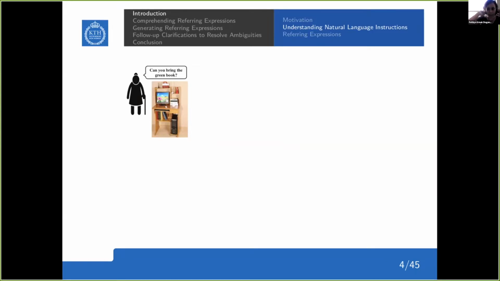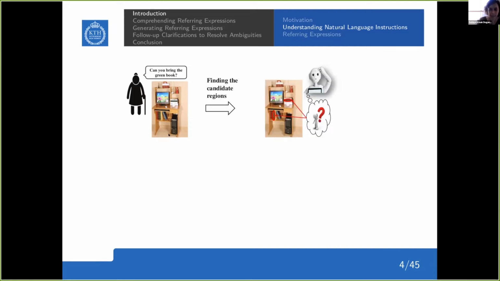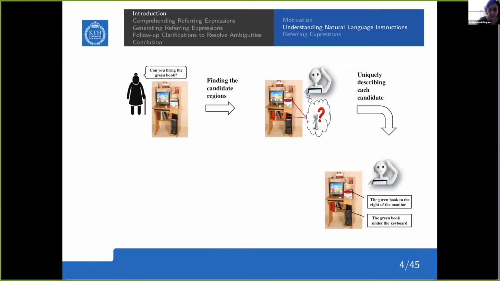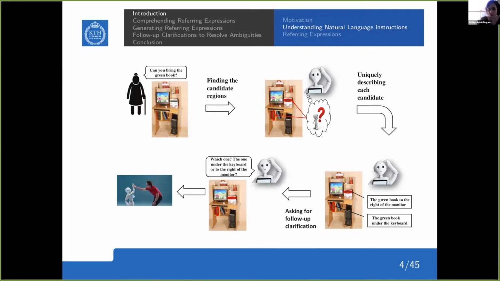So this is the main focus of my PhD. And now I'm gonna describe the components that should be fulfilled in order to achieve our goal. As we said, the user is located in a space and asking for an object. In that case, the robot firstly needs to find the candidate regions that fit the user's description, which are green books in that case. After that, if there is more than one candidate, it needs to uniquely describe each of these objects to ask for follow-up clarification.